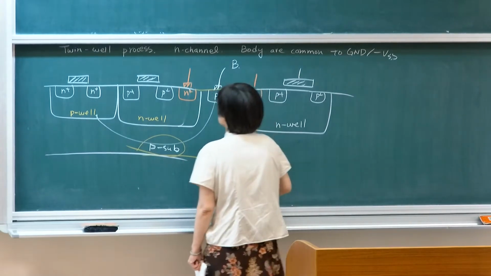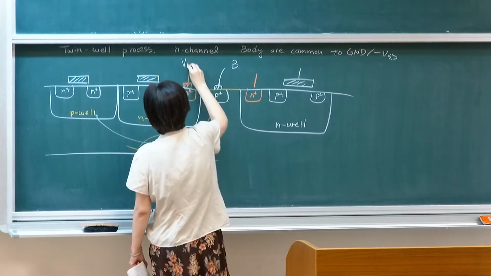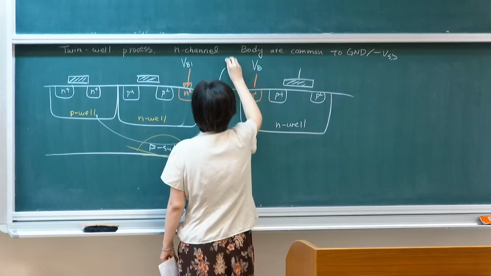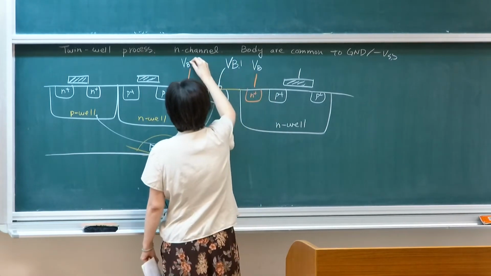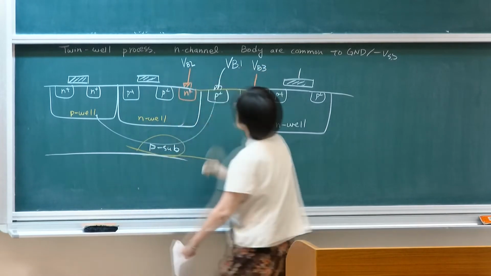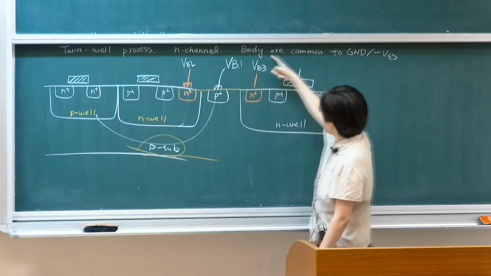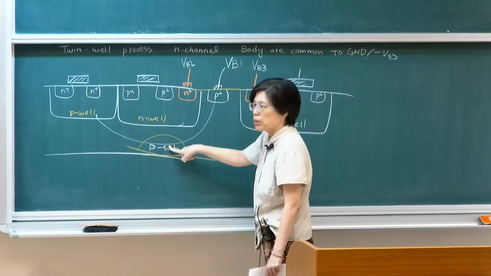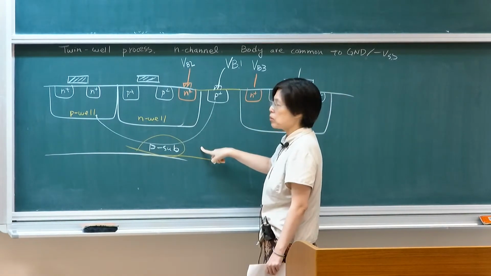Okay, so this VB1, let's say this is VB1, 2, and 3. So VB1 can only be 1. There's only 1 because they're common to substrate. But N-well is not common to substrate.